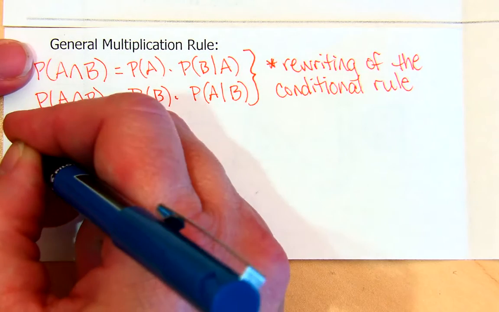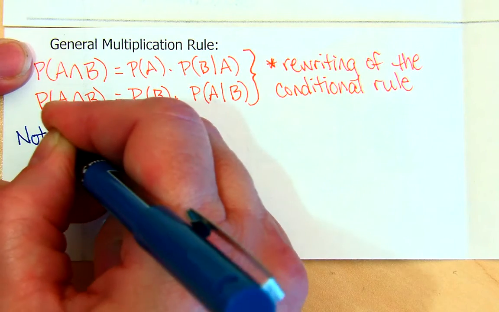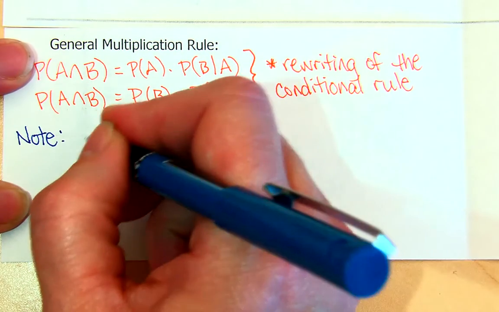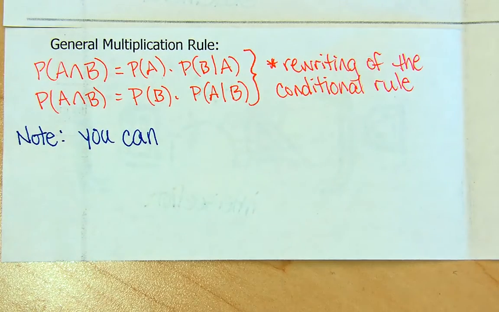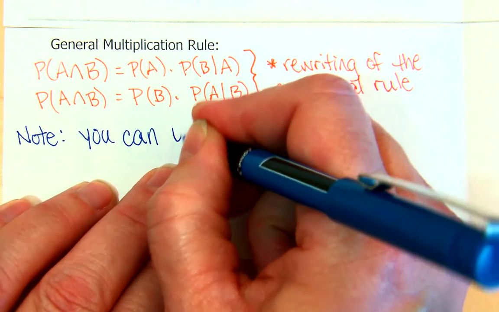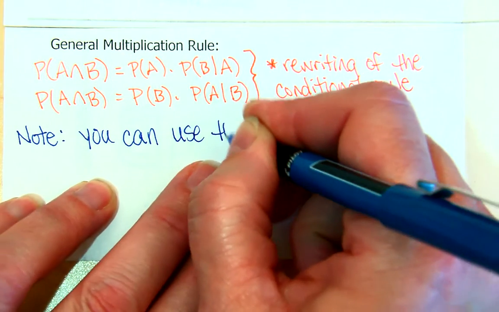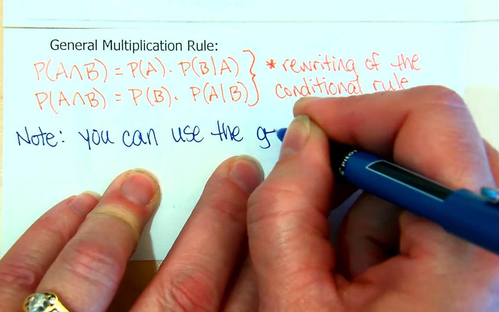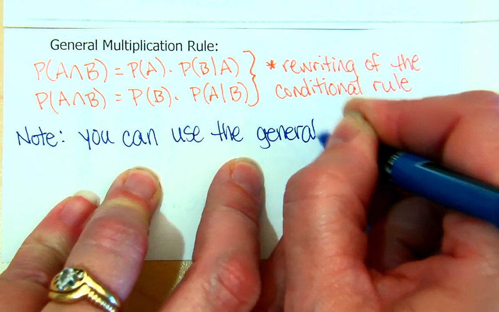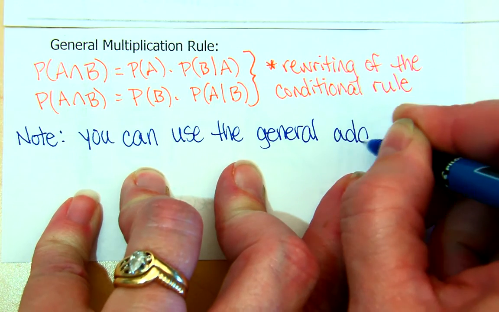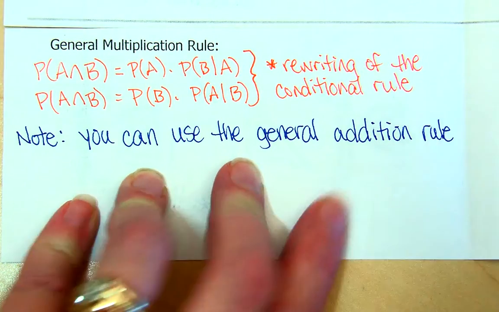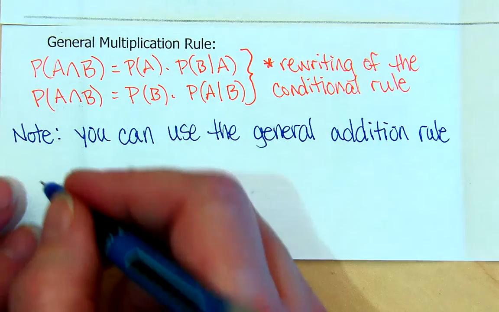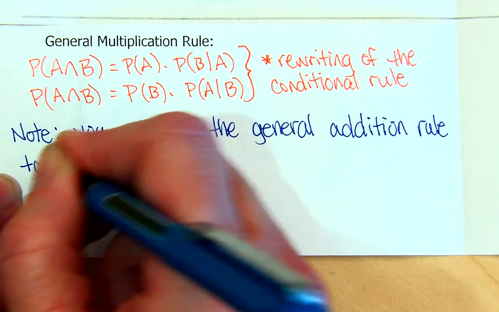So, note. You can use the general addition rule to find the probability of A and B as well.